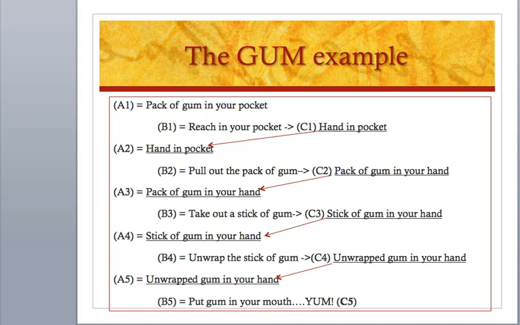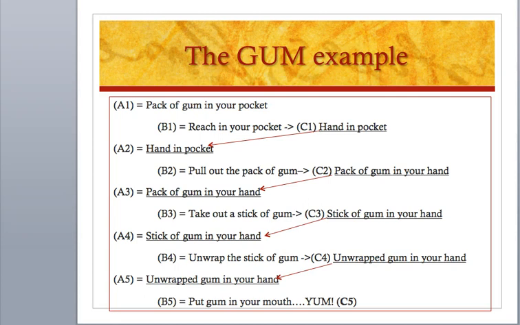C1 is the same as A2, so your hand is in your pocket, and that prompts you to pull out the pack of gum. So you pull your hand out, and the consequence is now you have a pack of gum in your hand. That's C2.